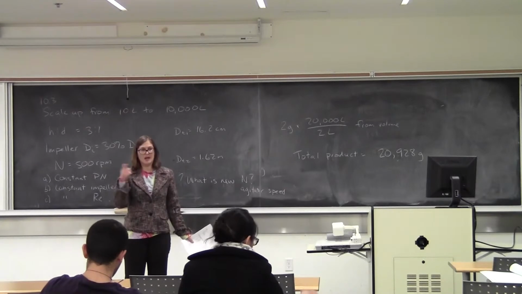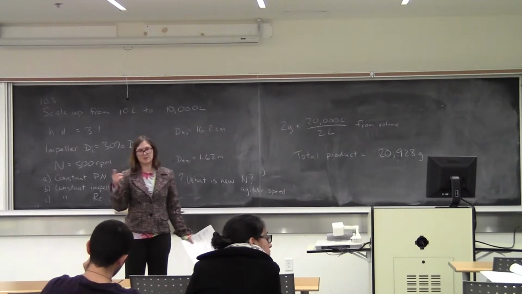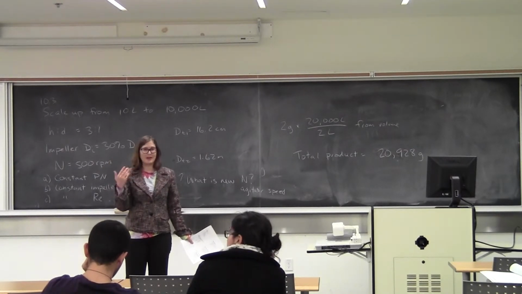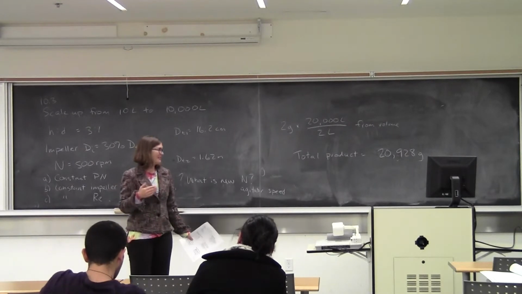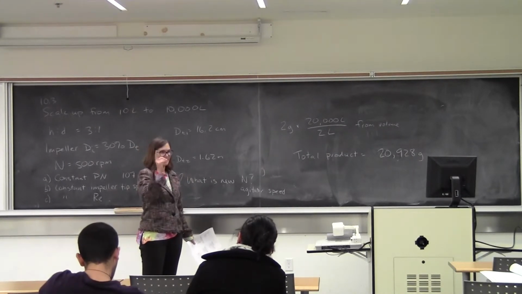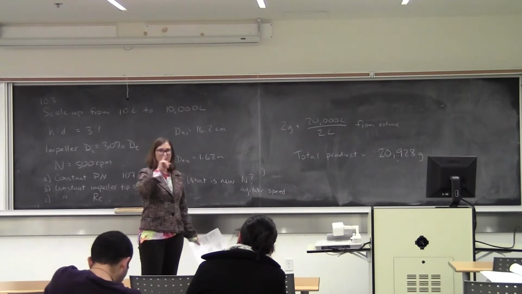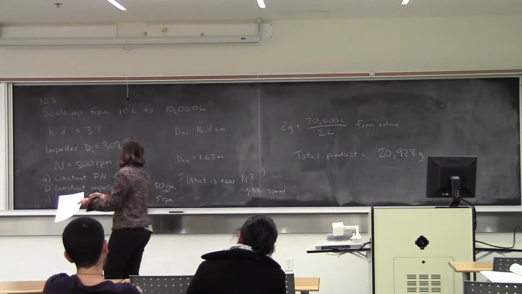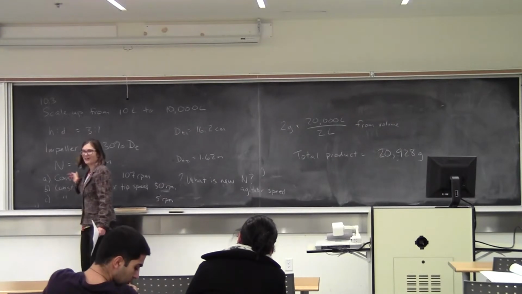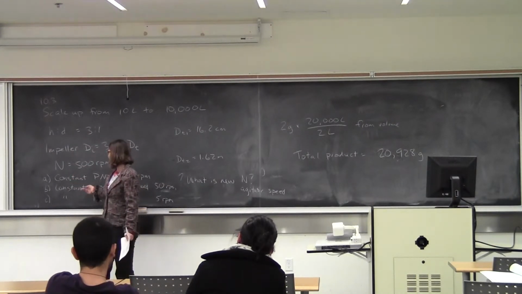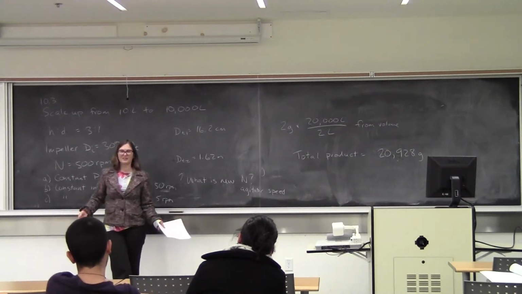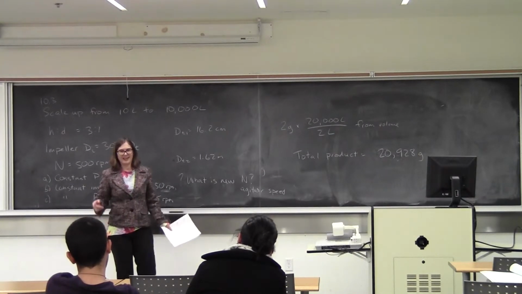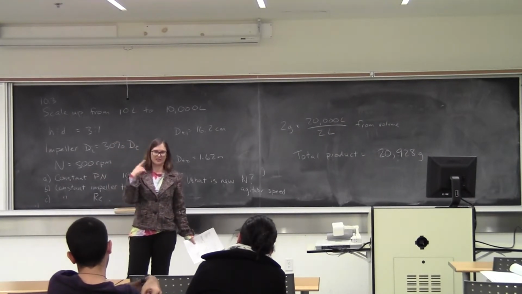If you're upping your agitation rate to the maximum, you can measure the diameter of the impeller, figure out the fastest speed, and figure out what your tip speed is going to be for your impeller, and figure out the shear on the cells.